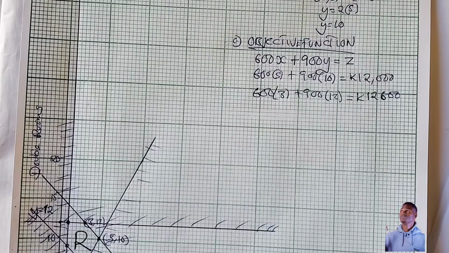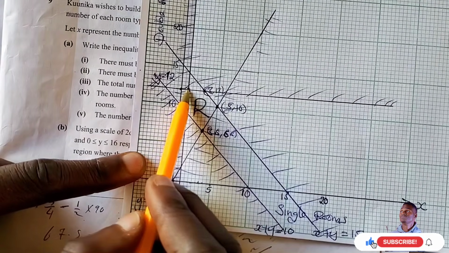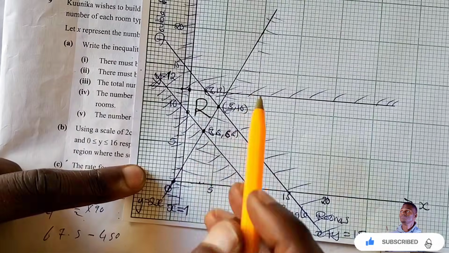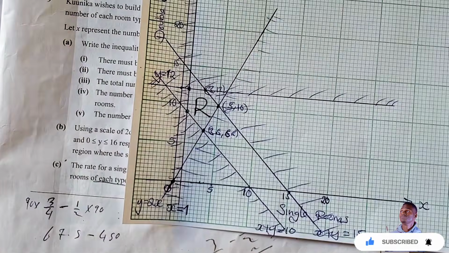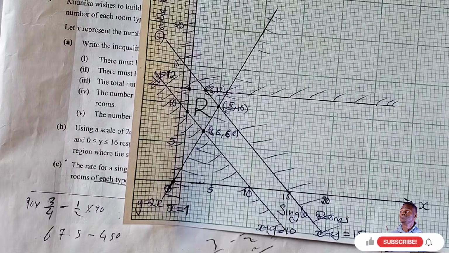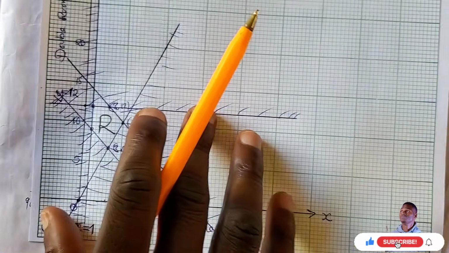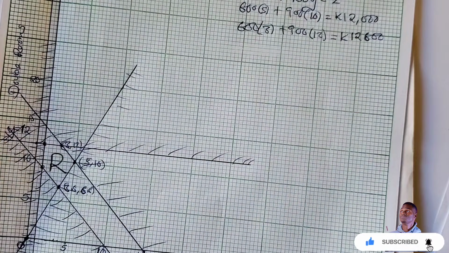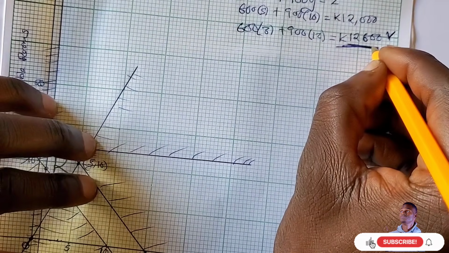Now, just for practice, this other coordinate is 1,12. It's 600 plus 900 times 12. You can't find an answer greater than this. So you compare the two. Which one has given us the maximum profit? The second answer. So this is the maximum profit.